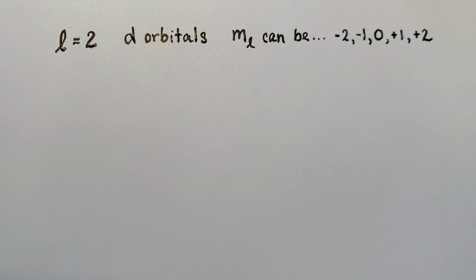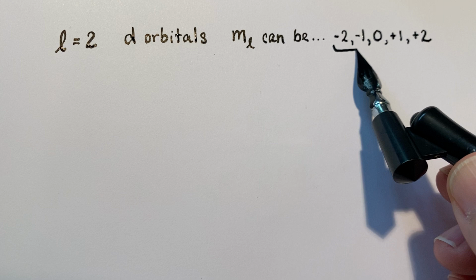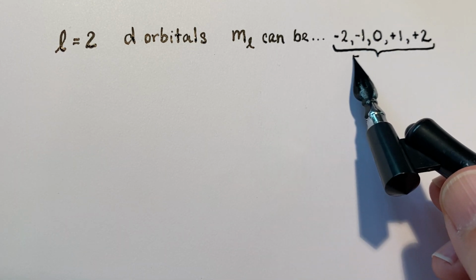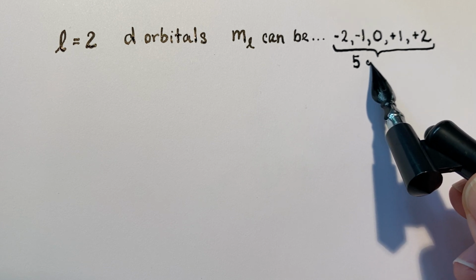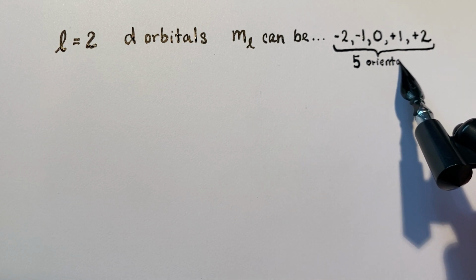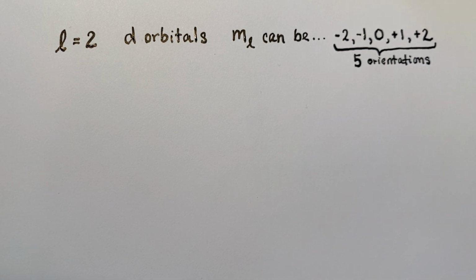All right. So what does this mean? 5 orientations. So that means we are going to draw 5 different shapes of the 5 different d orbitals.